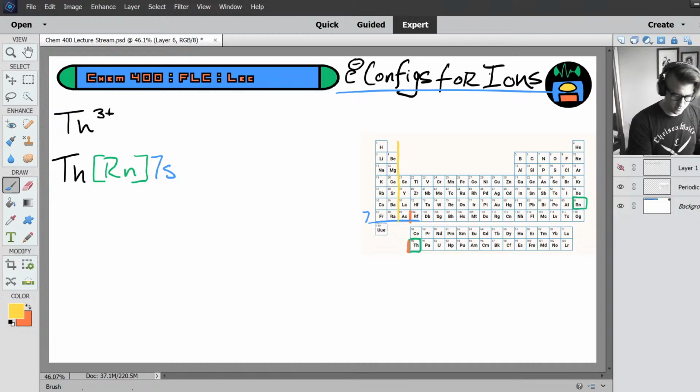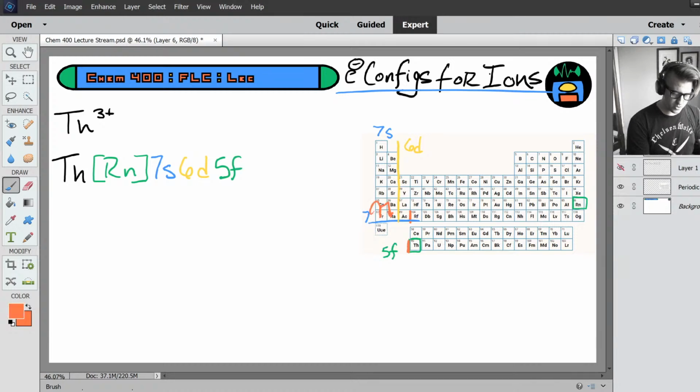So we go 6d. So we're transitioning from 7s to 6d down to 5f when we make that jump into the F block. So 7s, 6d, 5f.